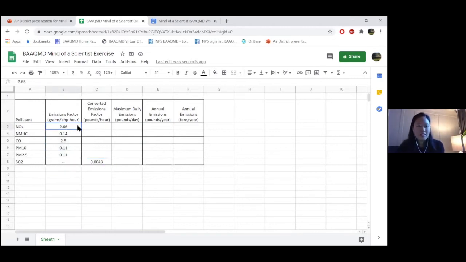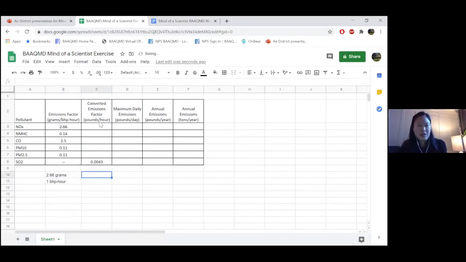And so we're going to convert grams per bhp hour to pounds per hour and convert all the way down the table. So to do that, I'm going to start off and put 2.66 grams per bhp hour just to show my work. And I'll just put 1.